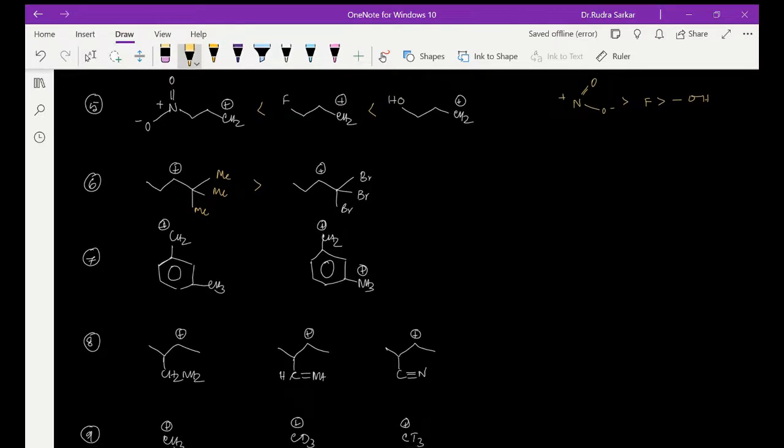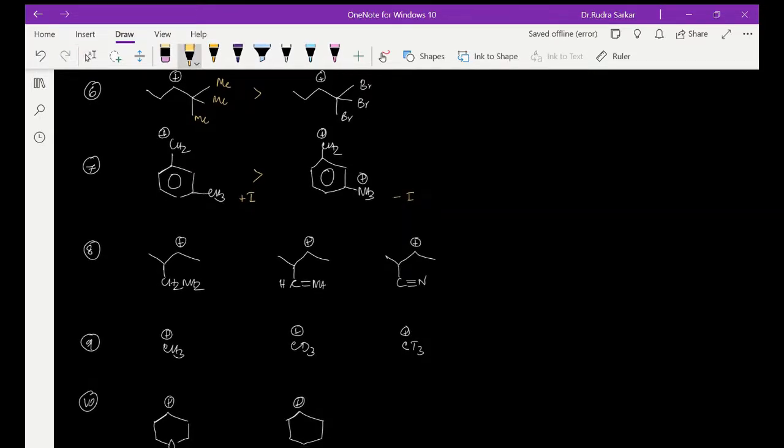In the next question, we have a minus I group over here, and this is obviously methyl, so it is plus I. So this will be making it more stable. So molecule number 1 will be more stable than molecule number 2.